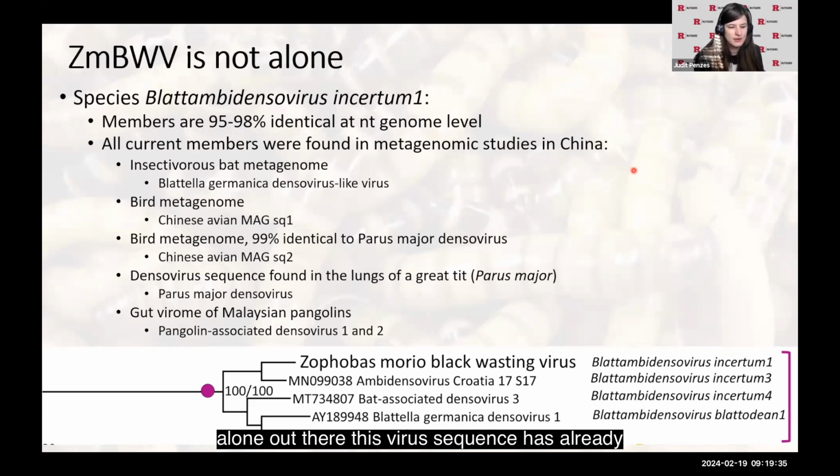This virus sequence, or at least a very similar one, has already been deposited in GenBank multiple times, but interestingly not from insects, but from vertebrate metagenome assemblies. These came from various bat and bird species, from Europe and China, as well as from a pangolin assembly from Malaysia.